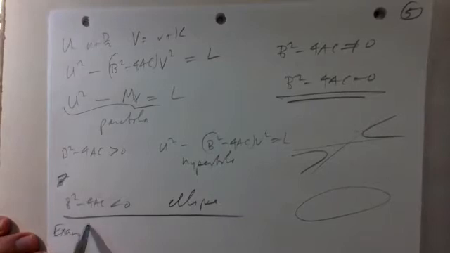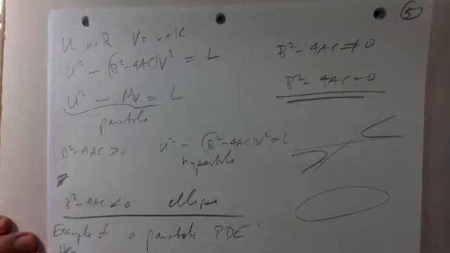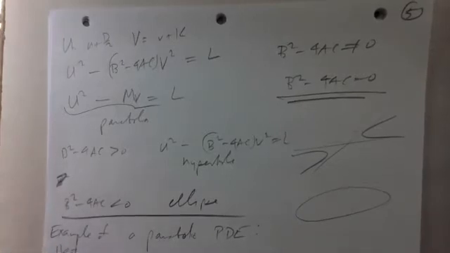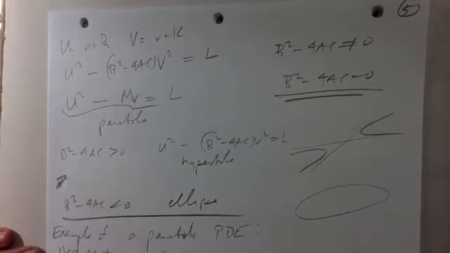What's an example of a parabolic PDE? There is something which is called the heat equation. So you have a function u, which is a function of two variables, x and t.